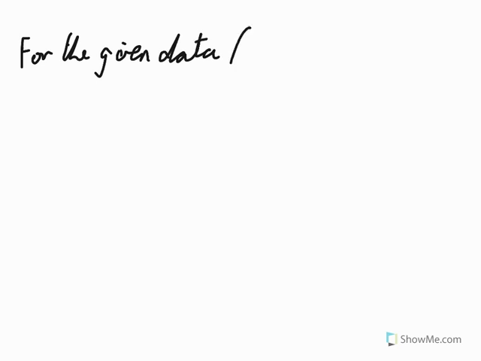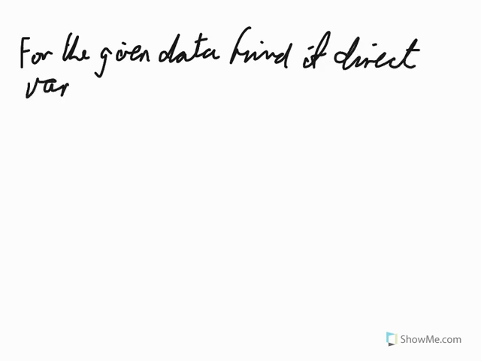So first example is for the given data, find if direct variation exists.